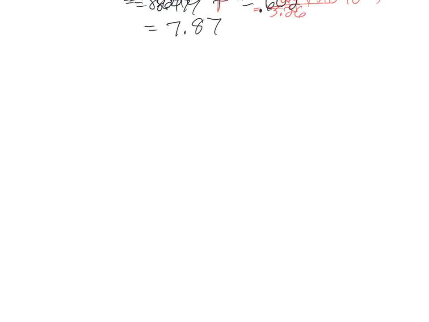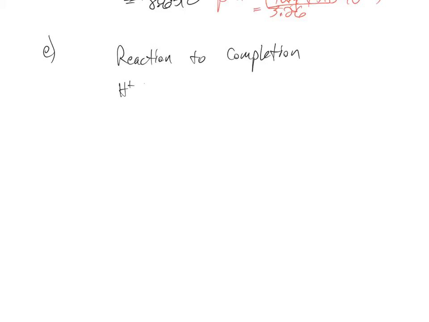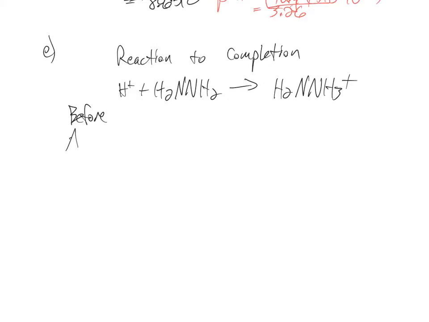On to part E. The only difference in part E as compared to the initial setups before is that we have a different initial number of moles of hydrogen. 50 milliliters of 0.2 molar hydrogen ions would be 0.05 times 0.2 gives us 0.01.